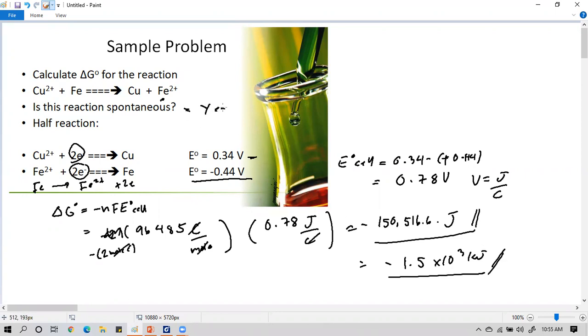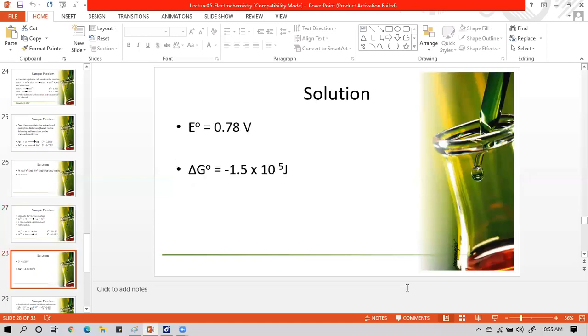The answer is yes. Kasi nga, negative yung value ng Gibbs free energy. Kapag kasi negative ang value ng ating Gibbs free energy, siya ay spontaneous. Kapag naman positive, non-spontaneous. So, take screenshot for the one, so we can proceed with the other one.